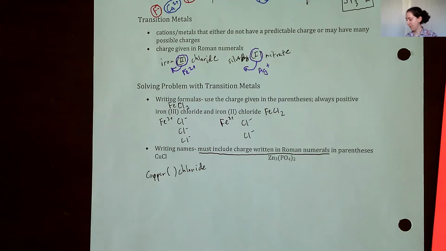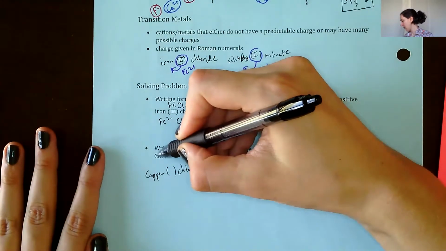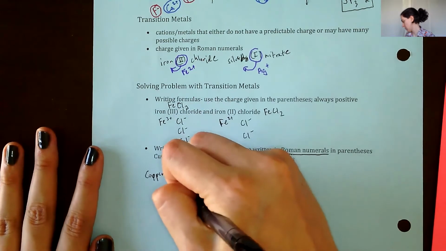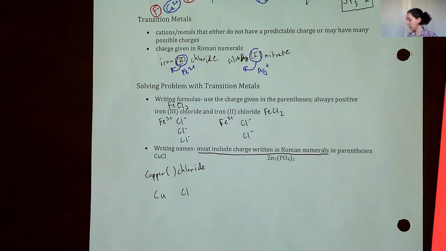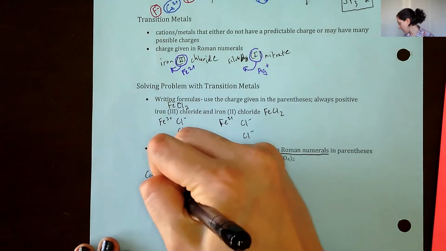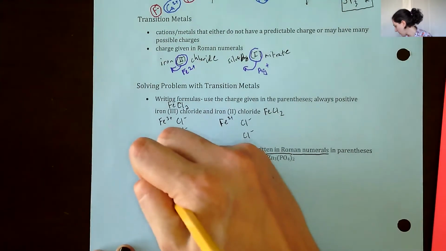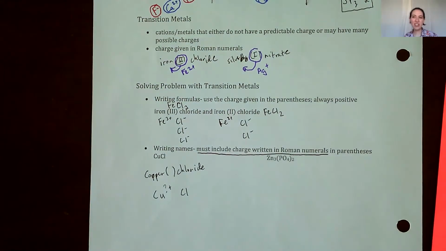So here's what I do. I write down the two elements, and I separate them into ions. So copper is definitely positive, but I don't really know what its charge is. It's definitely positive because it's a metal, but I'm not really sure what.